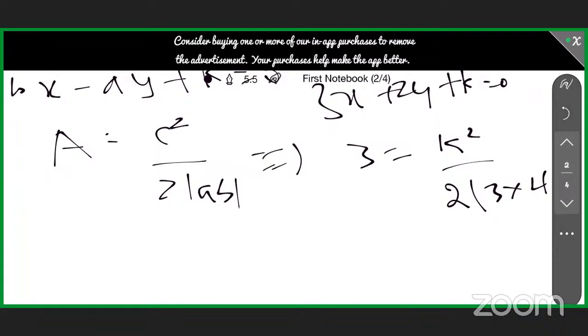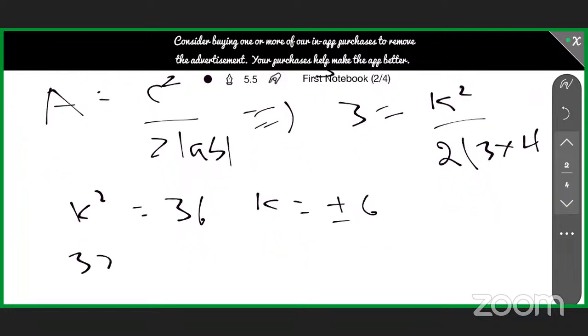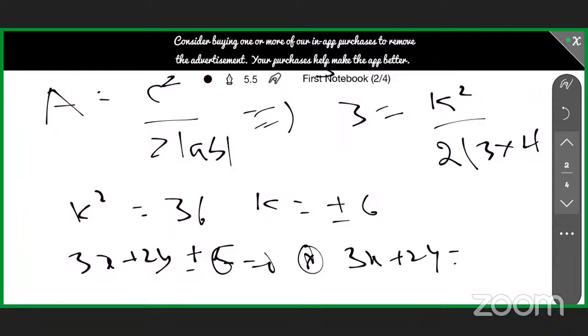That will be k square is equal to 3 into 12, which is 36. So k is equal to plus or minus 6. K is equal to plus or minus 6. Therefore, the equation will become 3x plus 2y plus or minus 6 is equal to 0, or else 3x plus 2y is equal to plus or minus 6.